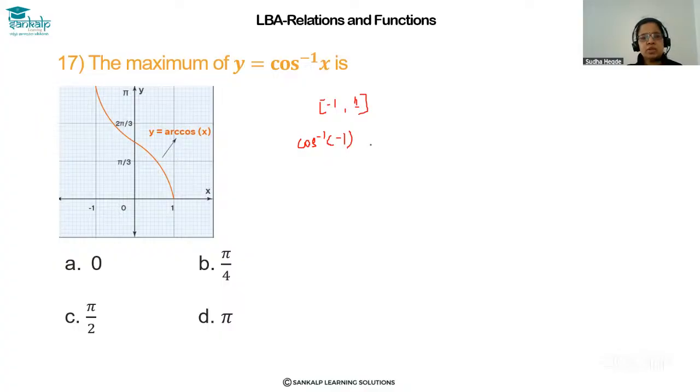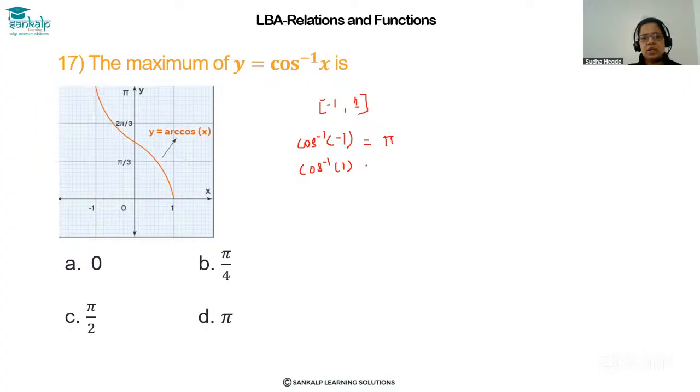What is cos inverse -1? Cos inverse -1 is pi. Correct? What is cos inverse 1? For what value of cos angle is the answer 1?